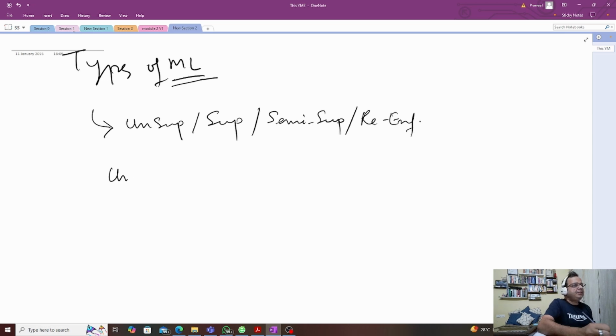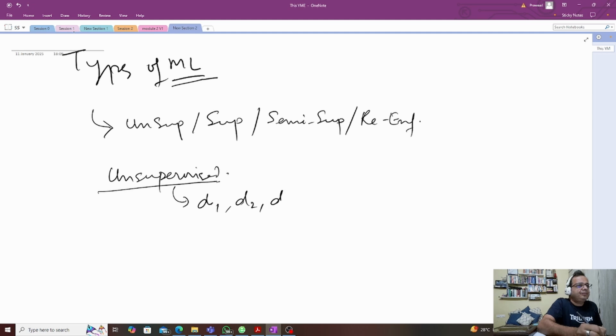So what happens in case of unsupervised learning is that there are a bunch of data points, and these data points are unlabeled.